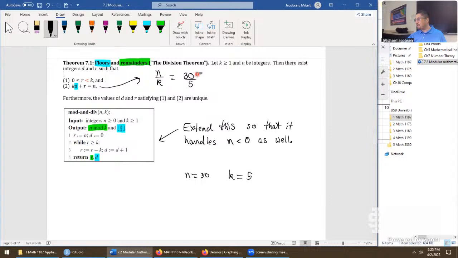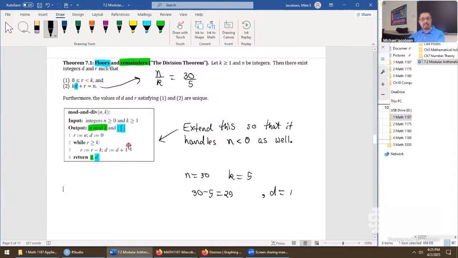How would we divide? Well, you could divide by subtraction. That's the brilliant idea in this pseudocode right here. We're not going to do something really taxing to the poor silicon on the system. We're just going to subtract. So we might go 30 minus 5 for a 25, set d equal to 1.